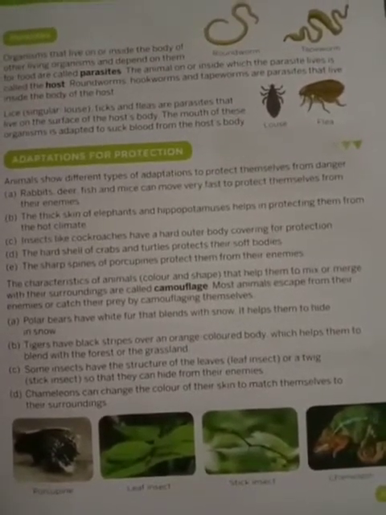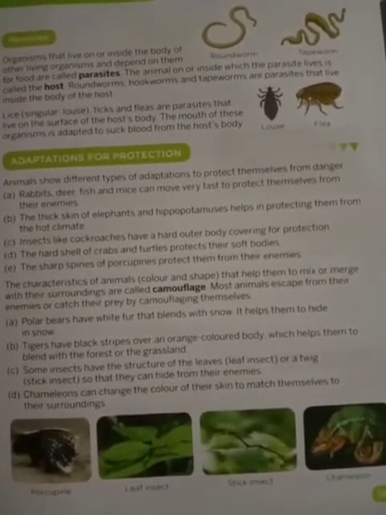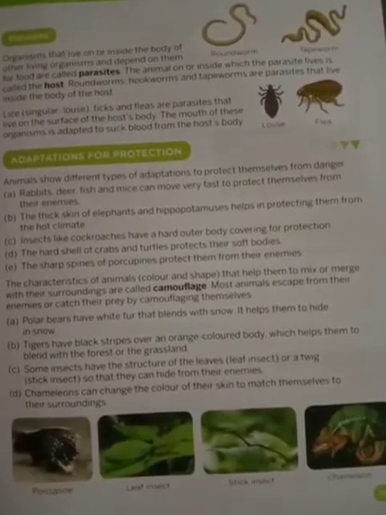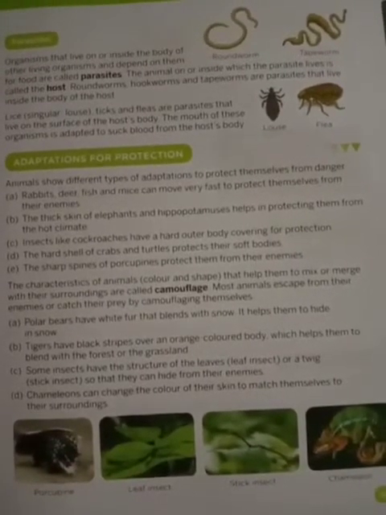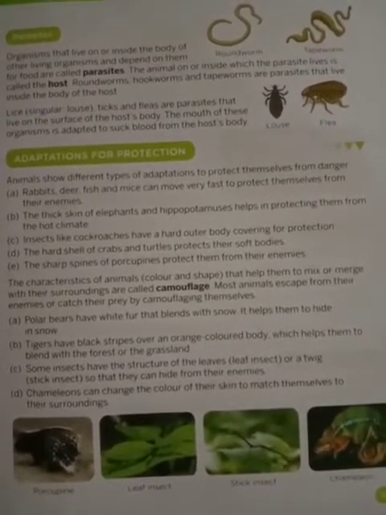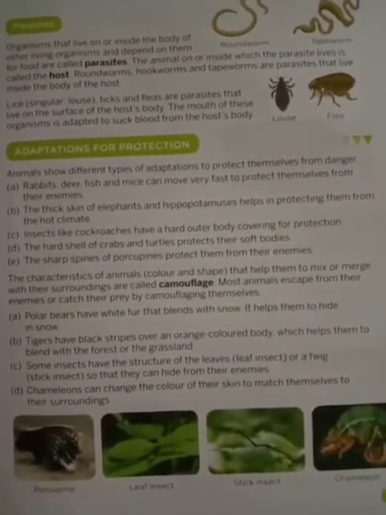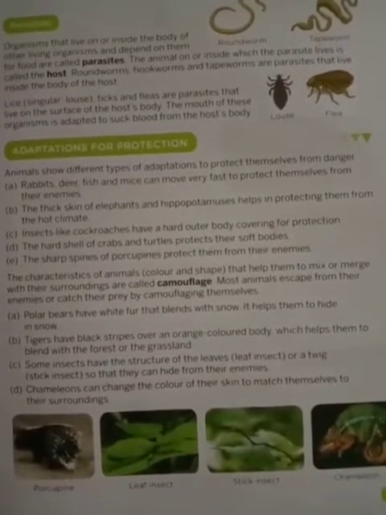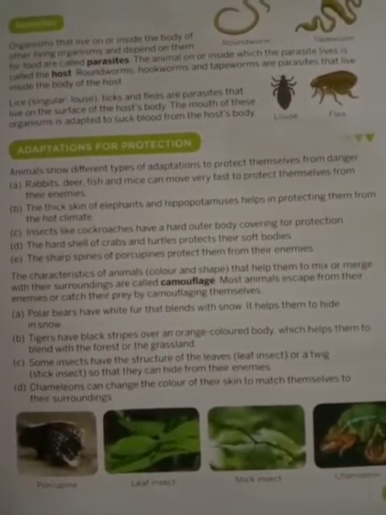So दुश्मनों से पीछा छुड़ाने के लिए, to run away from those enemies, these animals are very quick in movement. They can run, swim very fast and get away from those dangerous animals. So this is one type of adaptation for animals like rabbit, deer, fish and mice, which are very small and not very strong.